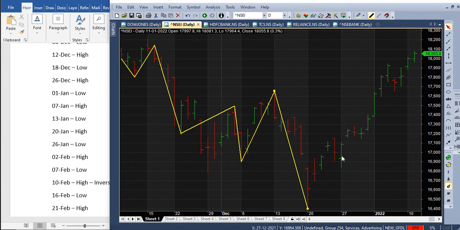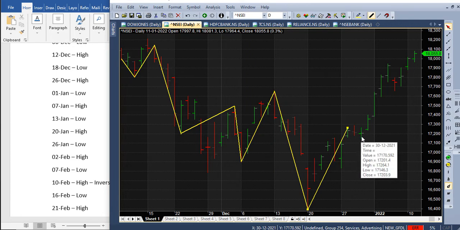Then 26th of December is high, and we have a high on 28th. Okay, let's see. Again, it is taking support on this line, and it's taking resistance for this particular bar.